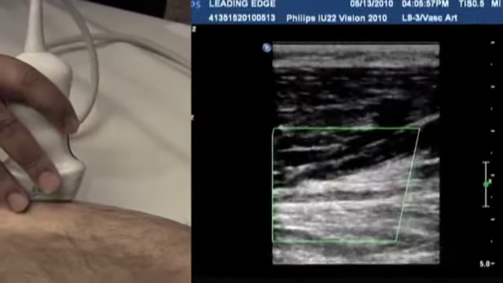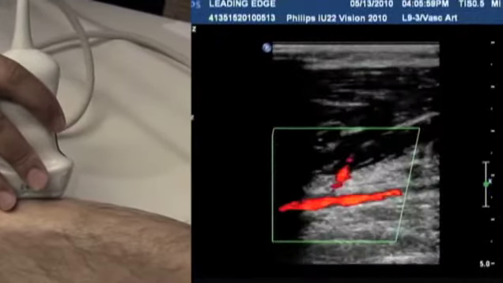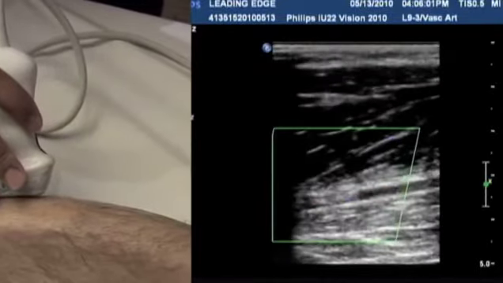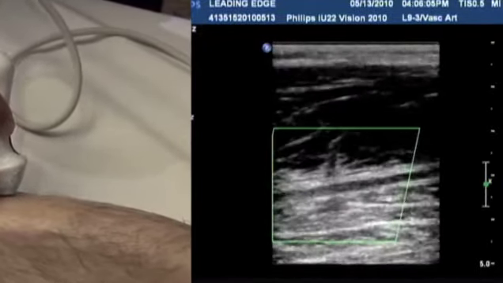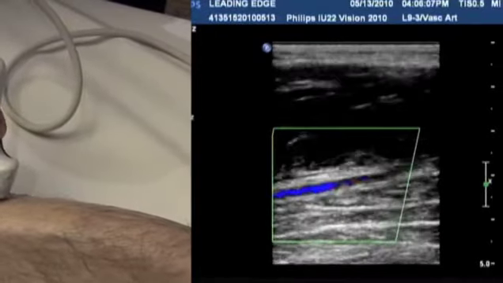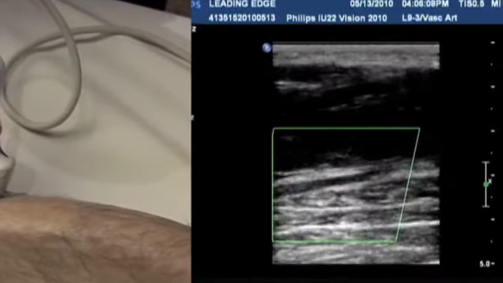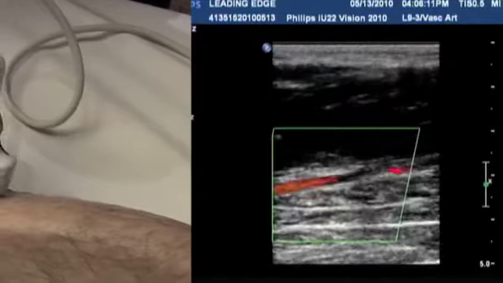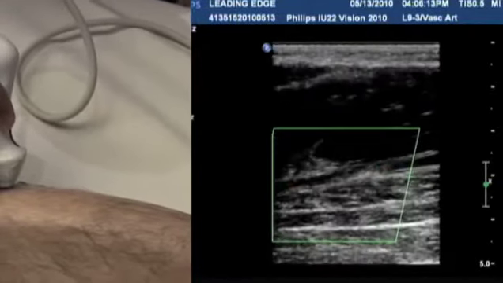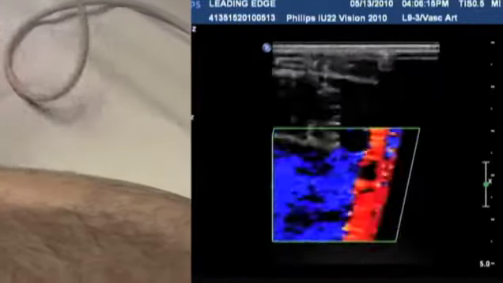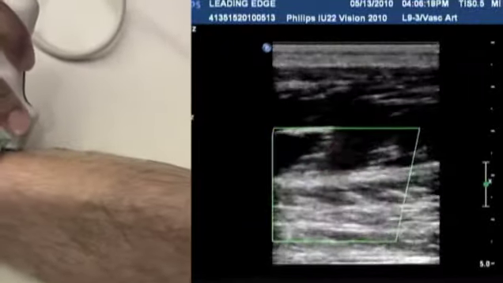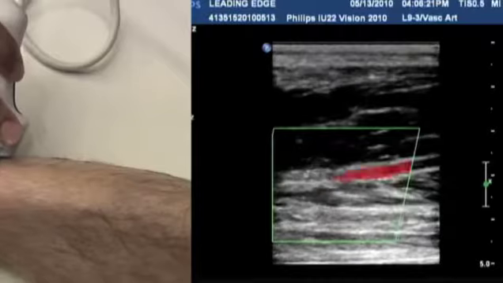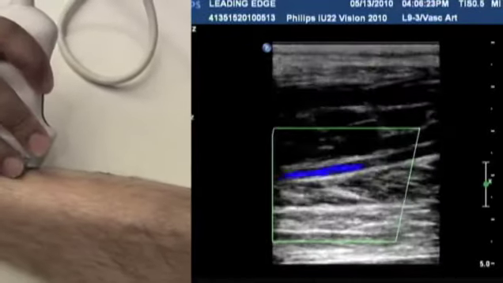There you go. You can see the further I work my way down the leg, the more superficial the vessel will be. I'm working my way down to the level of the ankle here. And what I'm going to do actually is switch to a higher frequency transducer when I get to the level of the foot.